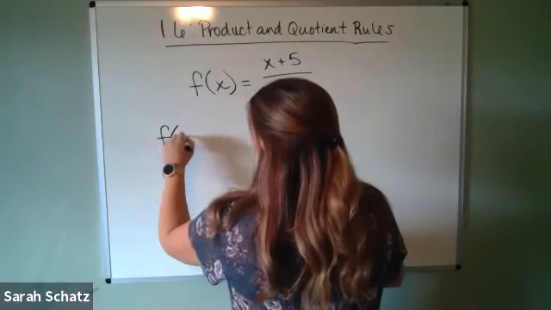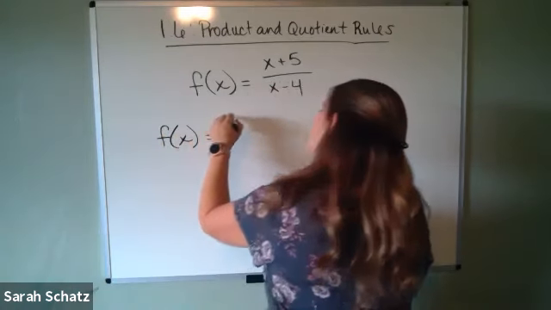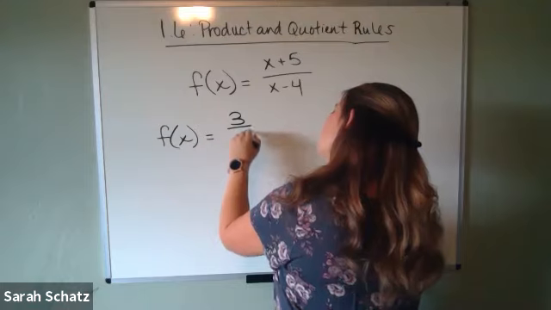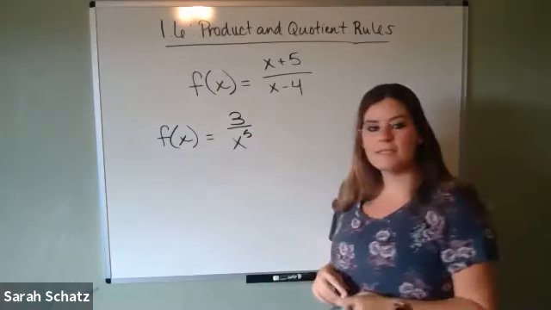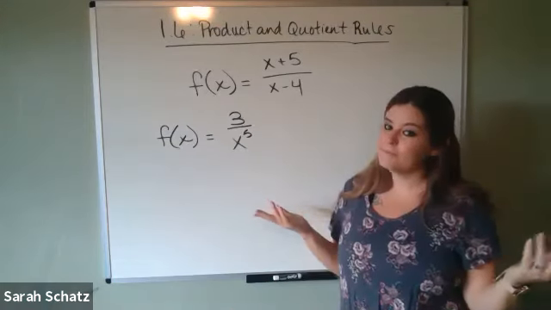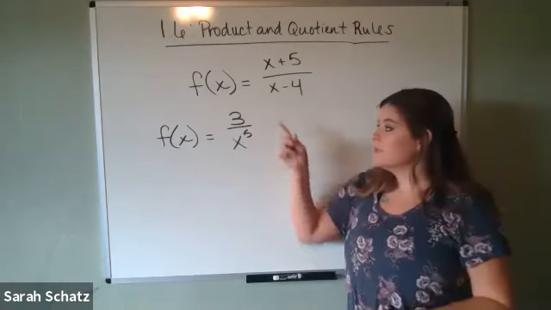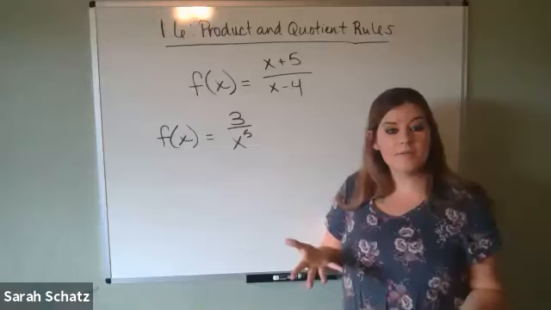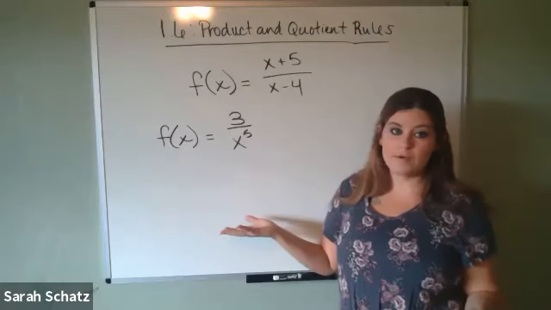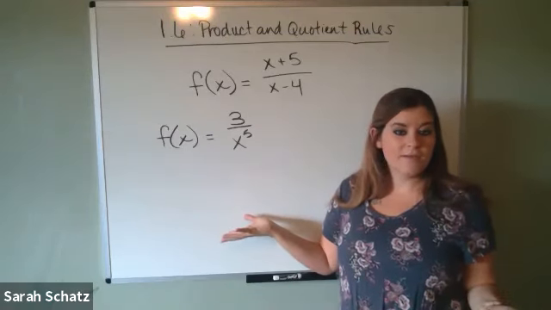What about this one? So I see this and I'm like, hey, it's a quotient. But while it is a quotient, is there an x on the top? Is the top a function of x or is it just a number? Well, it's just a number, guys.